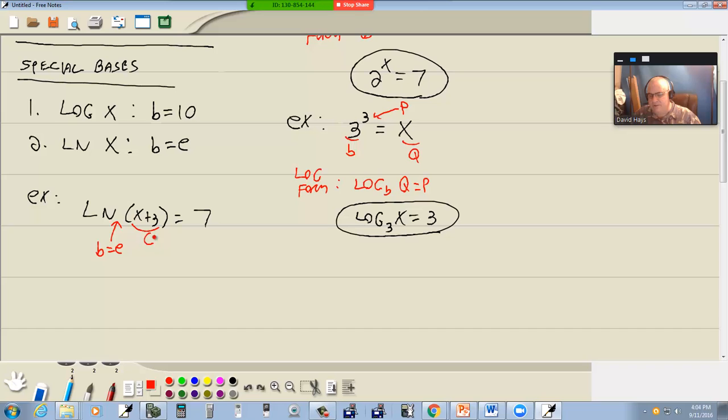And then what follows that is your q, and then the other side of the equals is your p. So our exponential form is b to the p is equal to q. So b was e, p was 7, and q is x plus 3. And that'd be our answer.